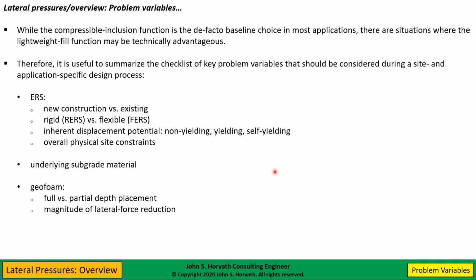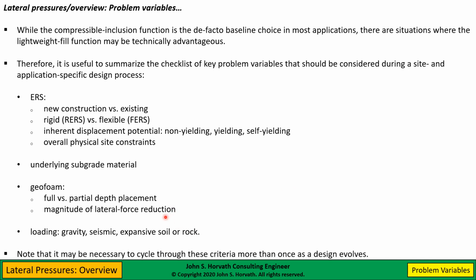Now you want to evaluate and achieve a certain threshold of safety under a design earthquake, so you have an idea of how much you need to reduce the lateral force. What type of loading are we dealing with? Gravity, seismic? Are we dealing with expansive soil or rock? And you may need to cycle through these more than once during the design process to fine-tune and converge on your design.